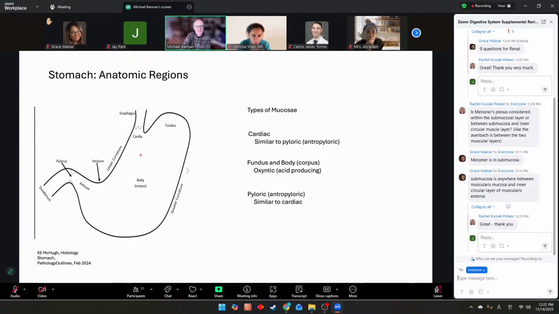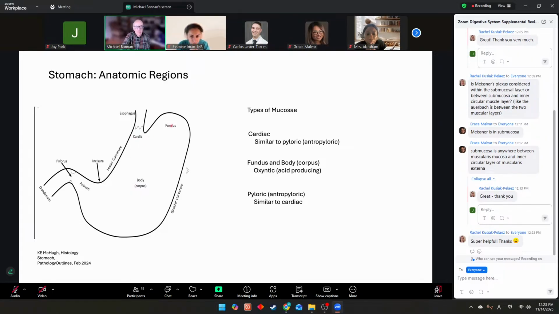There's my red dot. Okay, so just going over these geographic zones again in case it wasn't clear. Cardia, right near the esophagogastric junction. Fundus, the portion of the stomach that is cephalad or above the cardia. Body, the area of the stomach between the cardia and the notch on the lesser curvature, which is the largest area of the stomach.